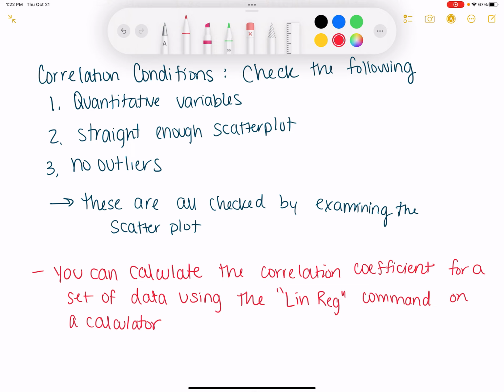Okay, we've used that before. You'll use it again. It'll give you that R value. The rest of them things.